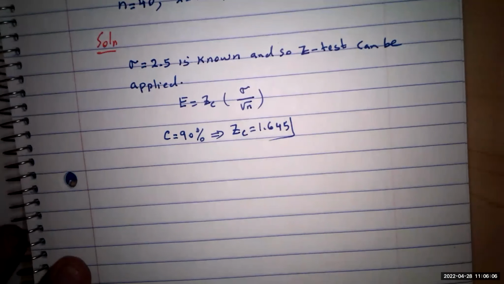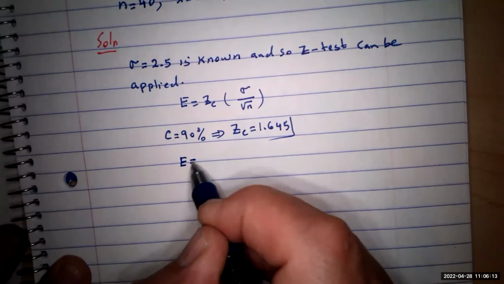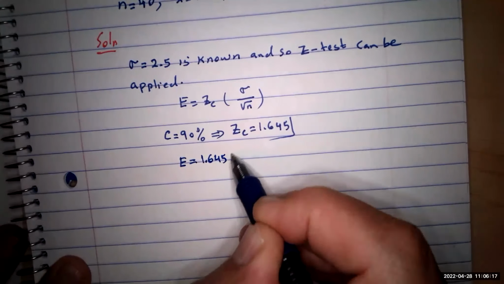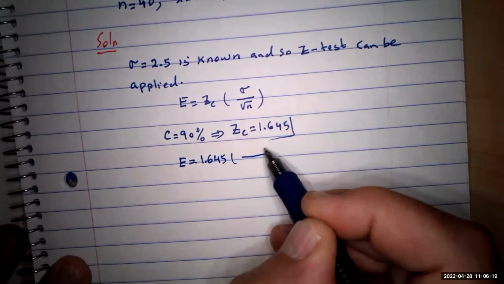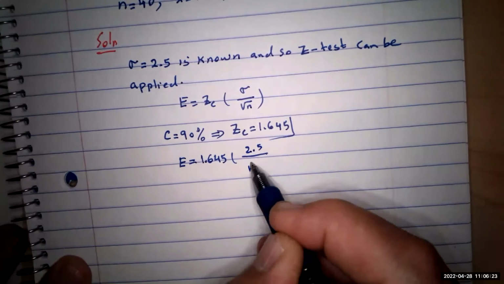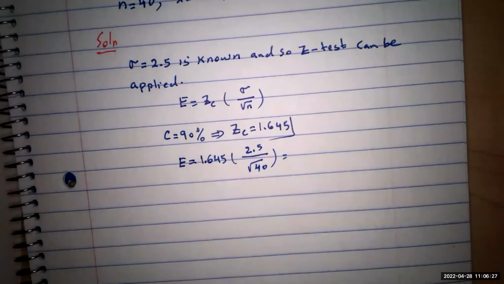That's ZC. We are going to substitute here to get the E. So E would be 1.645 times the sigma. Sigma is 2.5, over the square root of n, which is 40.